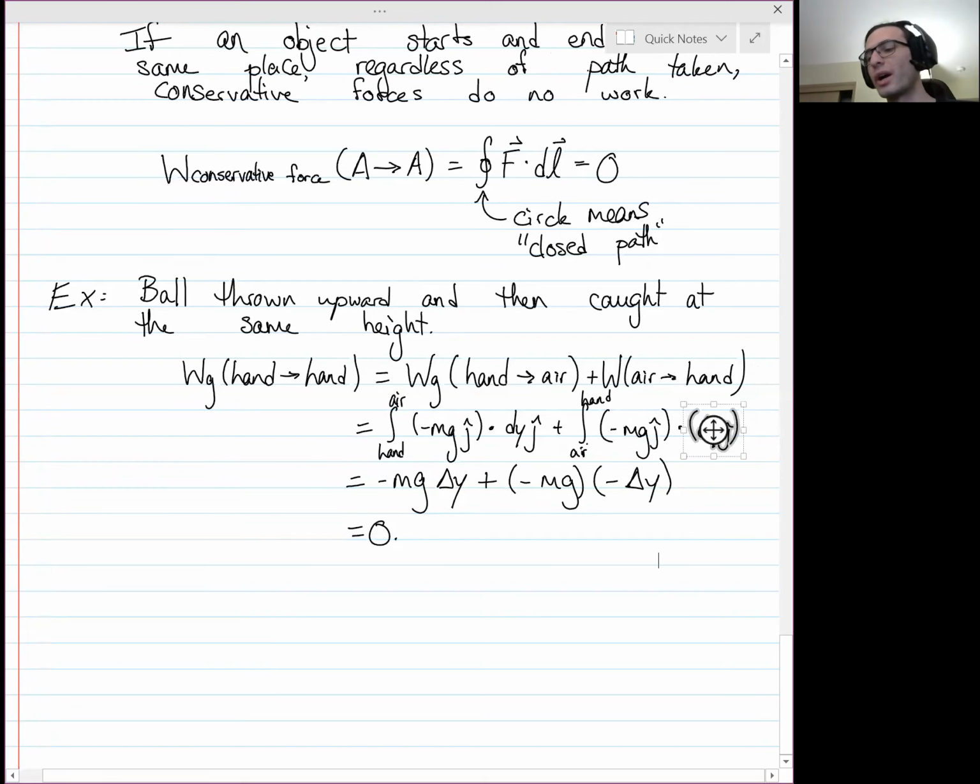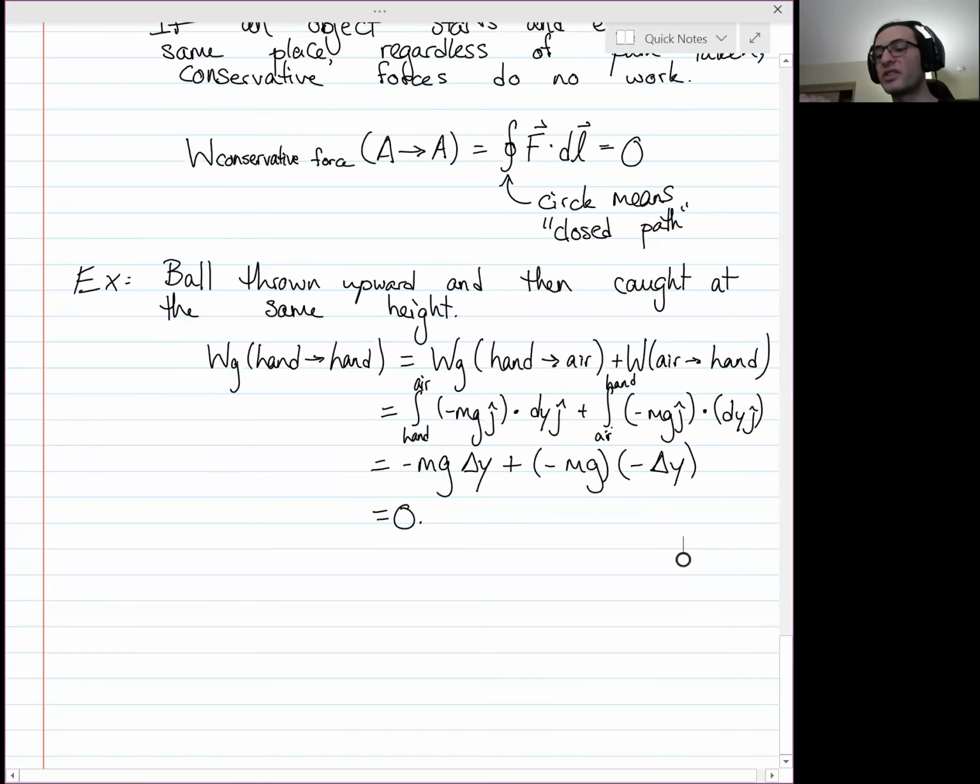So I could have done it either way. I made a mistake and had an extra negative sign. But you could have done this integral explicitly with numbers, and you would have seen it work out. The idea here is just that the path is going in the y direction, but it's going backwards. So you have to choose one of those negative signs. You can't have both.